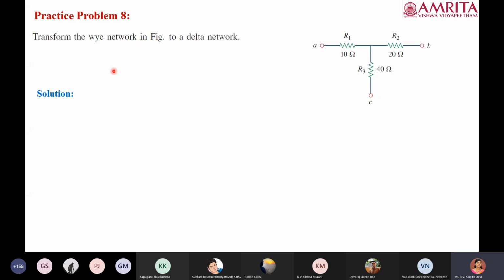A Y network is given, we have to transform to a delta network. So this is the first practice problem in this Y to delta conversion.